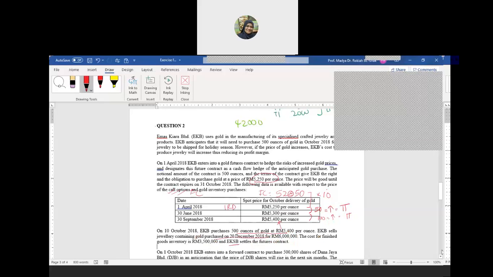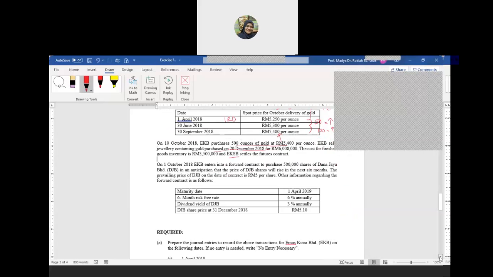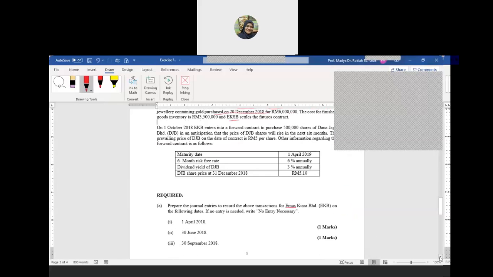We're going to look at the first part now. Later on, we will look at the second part. We just want to prepare the journal entry for the first part, which is the initial recognition date, when you enter the forward contract.